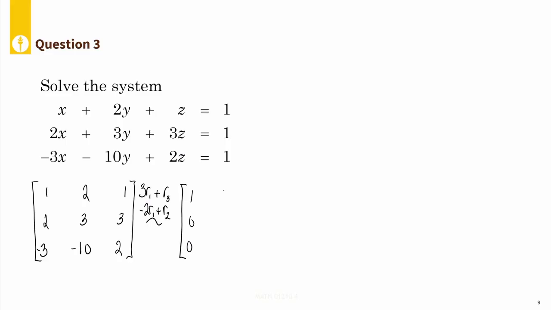I get that. 2, 1. Then you should get what? -1, -4 to finish off the second column. 1, 5 finishes off the third column.